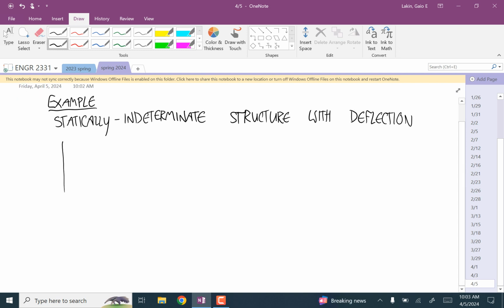Okay, so let's have a beam like this, and let's say that its mass is 100 kilograms, and its length is 3 meters.